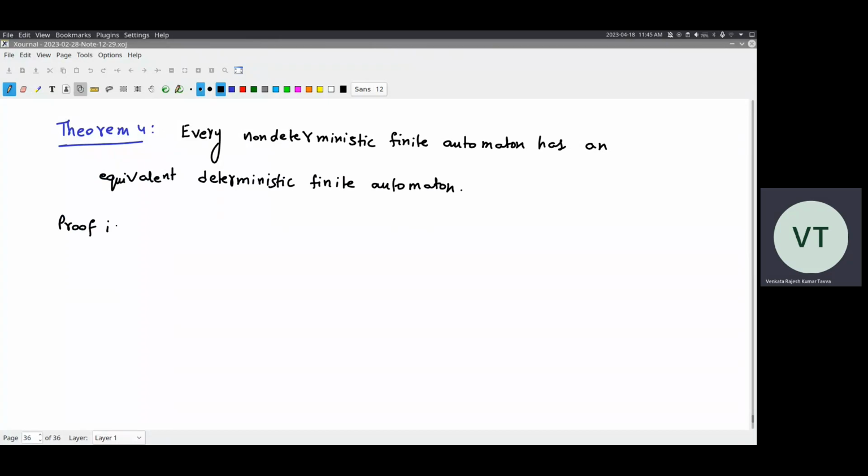First, let's write down the proof idea, and then we'll move on to the actual proof.